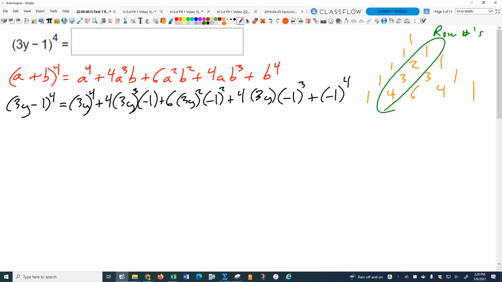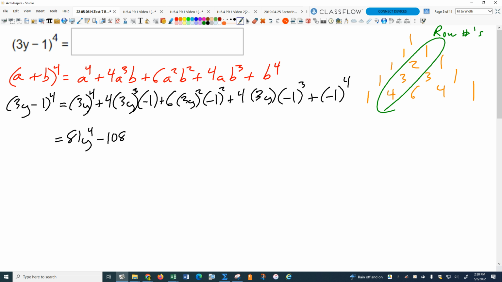Okay, so what's that giving me? 3 to the 4th is 81, so I'm getting 81y to the 4th, minus, because I've got that negative 1 to the first power. So minus, what's that going to be? 4 times 27, so 108.